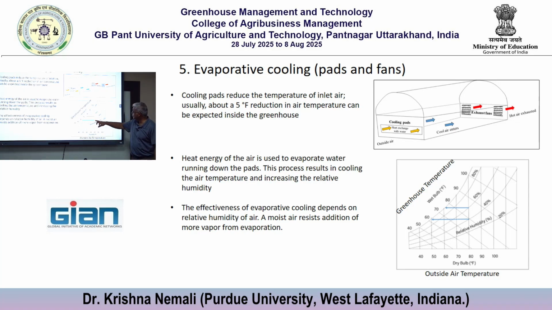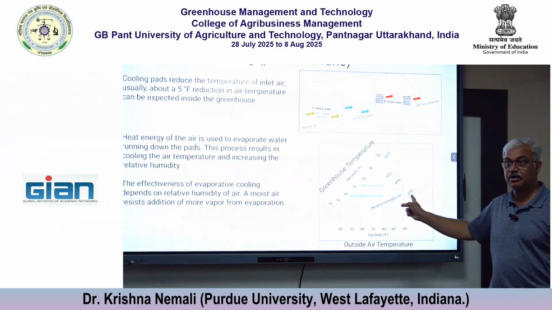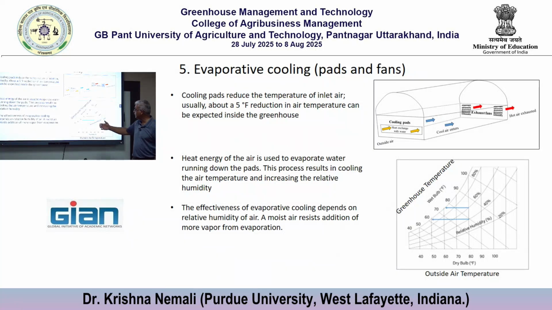At 40% humidity, you are able to get 60 degrees Fahrenheit, but at 60% humidity, you are only able to bring the greenhouse to 70 degrees Fahrenheit. That's what the psychrometric chart tells. And this chart is very standardized, and you can actually calculate with some close approximation what the greenhouse temperature will look like. But I want you to remember that.